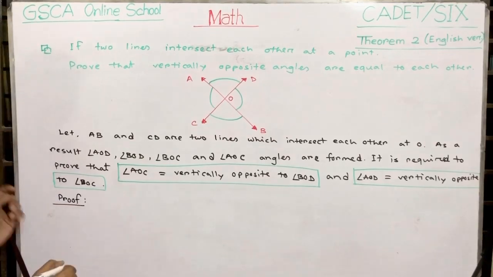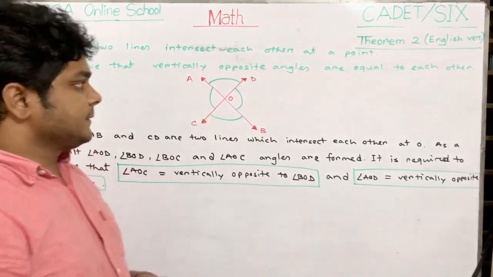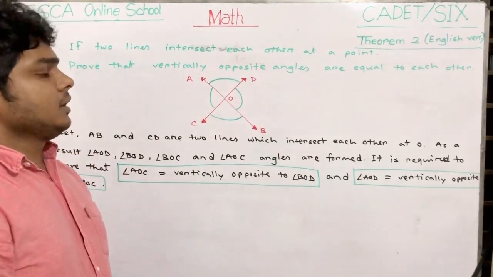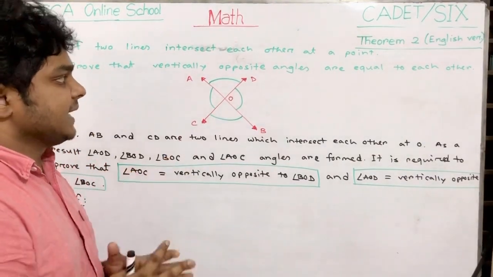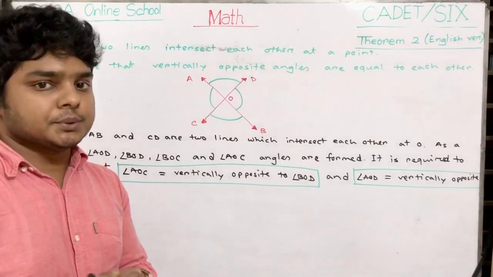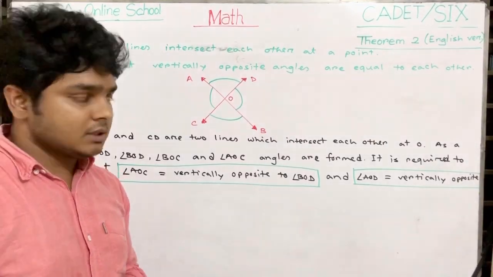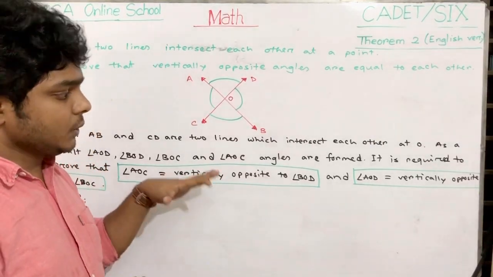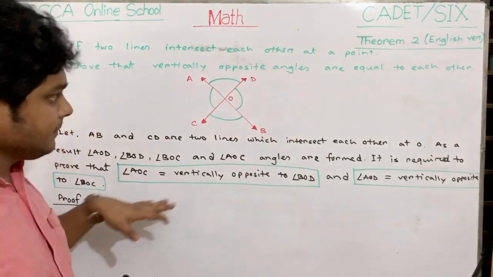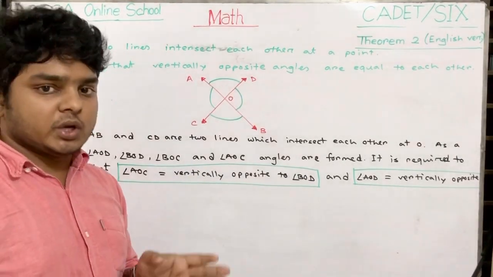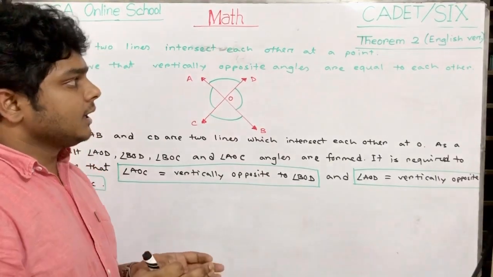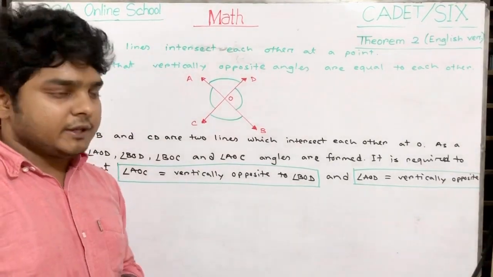Proof. At first, you have to know Theorem 1 before going through the next step. So if you don't know Theorem 1, go back to Theorem 1 first and read it carefully.